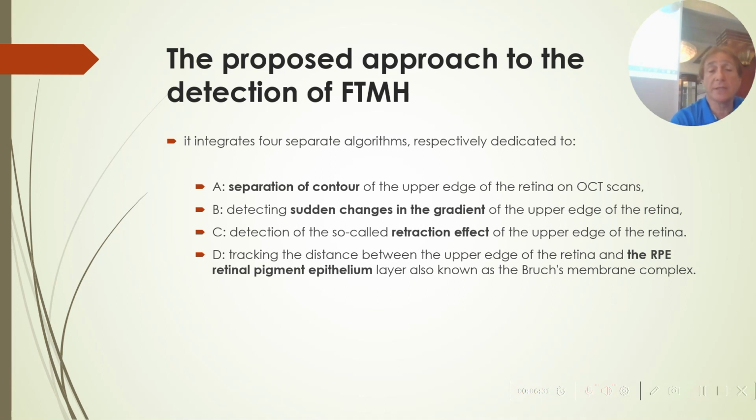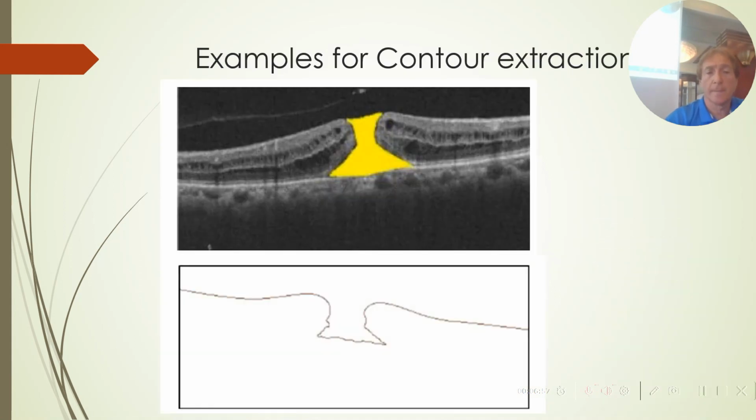Then we are detecting sudden change in the gradient, and we can also detect the so-called retraction effect. And then we can measure distance between the upper edge of the retina and the retinal pigment epithelium. This is an important layer that I will talk about later.